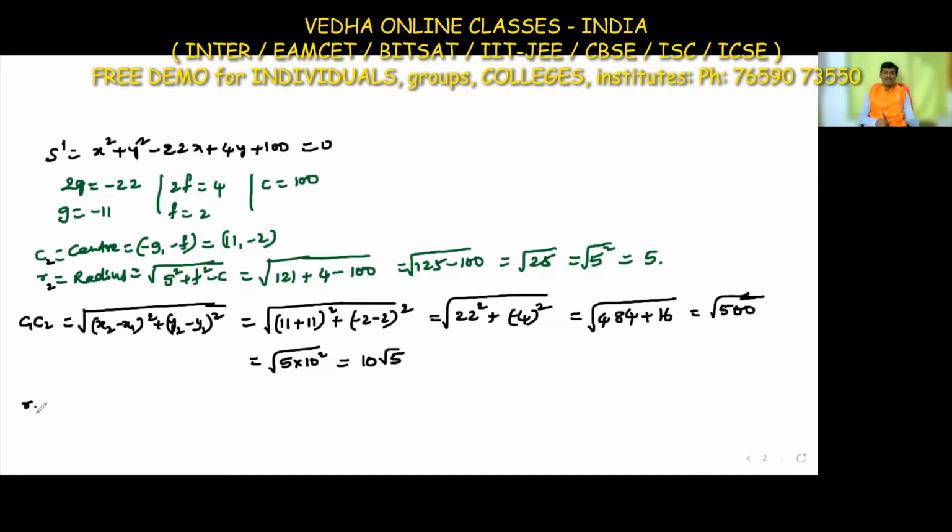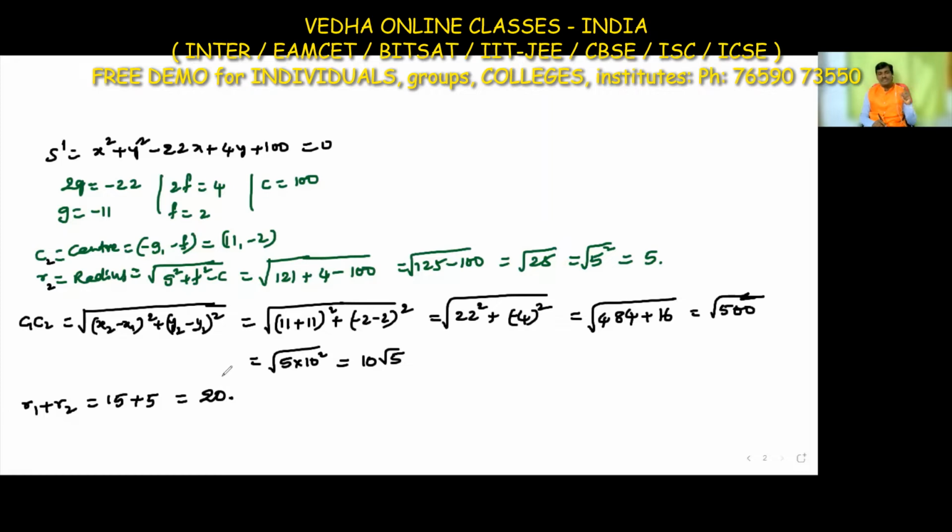Okay, so now try to find the value of R1 plus R2. Here R1 is 15 and R2 is 5, so 15 plus 5 is 20. So here we compare the C1 C2 distance and the R1 plus R2 distance.